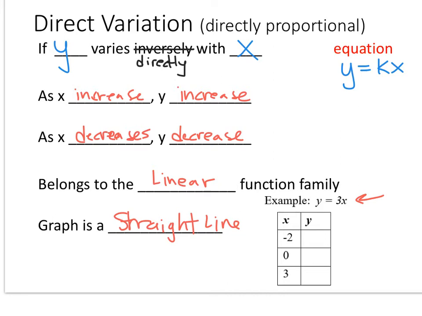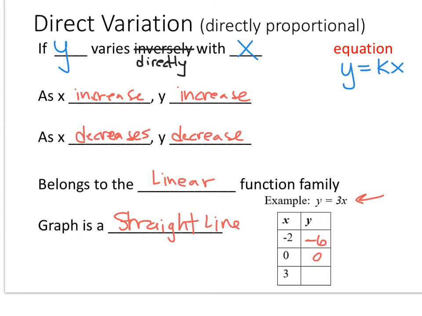So if we use this example of y equals 3x, if I plug in -2, I'm going to get -6. Now because this is a direct variation, when I go to 0, that means my x values are increasing, so from -2 to 0 that increases, and then all of a sudden my value is 0.